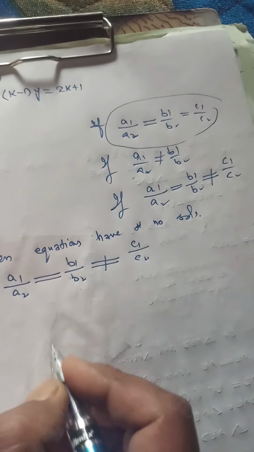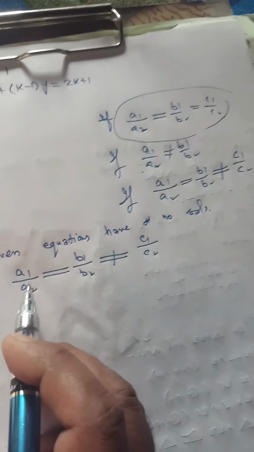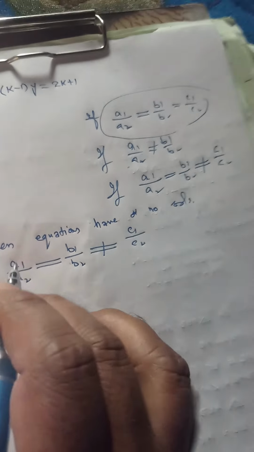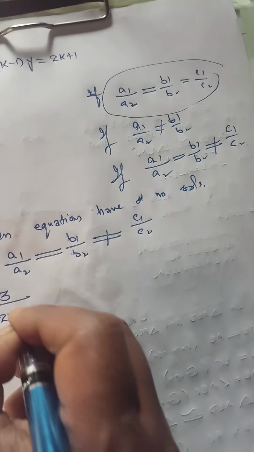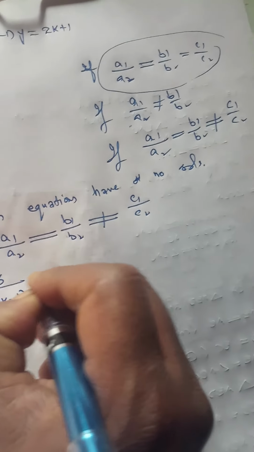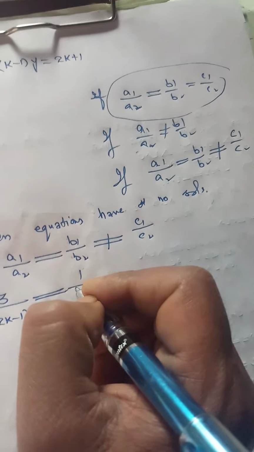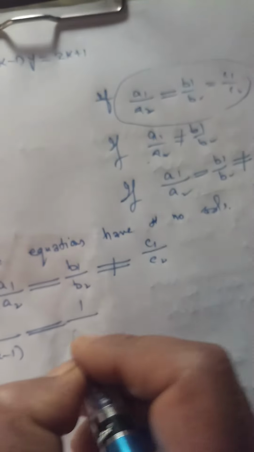Now we write the values of these coefficients here. a1 is 3. a2 is the coefficient of x of the second equation, that is 2k minus 1. b1 is 1, the coefficient of y, and b2 is k minus 1.